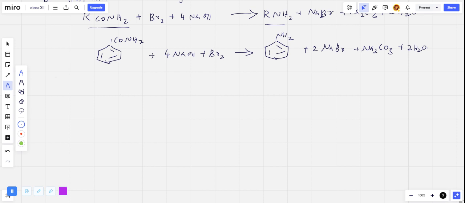The same thing, physical properties, we have seen already; the same thing we are going to see here. If you take the state, lower aliphatic amines are gases.